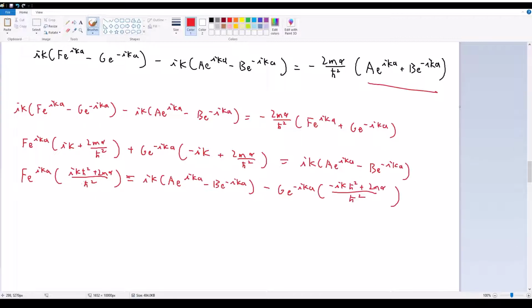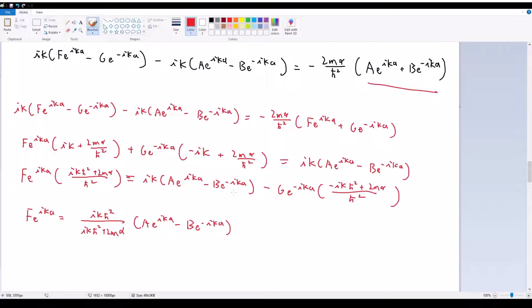Then I take the reciprocal of this, and I get f e to the ika is going to equal ik h bar squared over ik h bar squared plus 2m alpha, multiplied by a e to the ika minus b e to the negative ika. Is that correct? Ik h bar squared plus 2m alpha. Yeah.